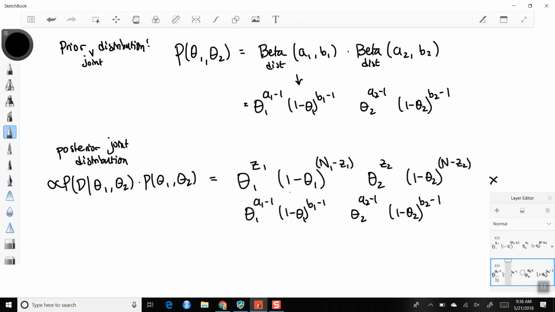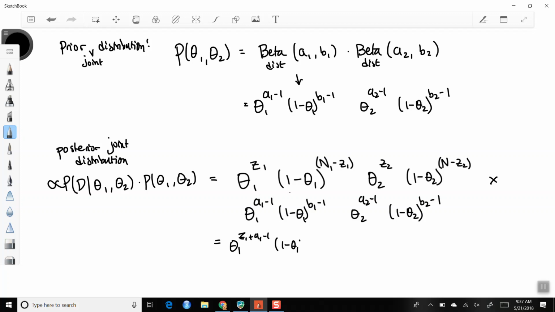Okay, so anyway, this is a pain. We got theta 1 to the z1 plus a1 minus 1 times 1 minus theta 1 to the n1 minus z1 plus b1 minus 1.